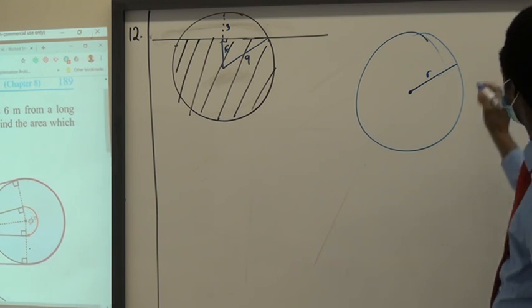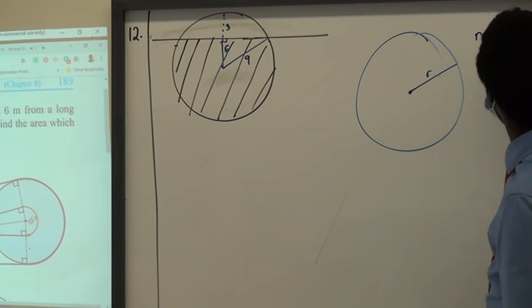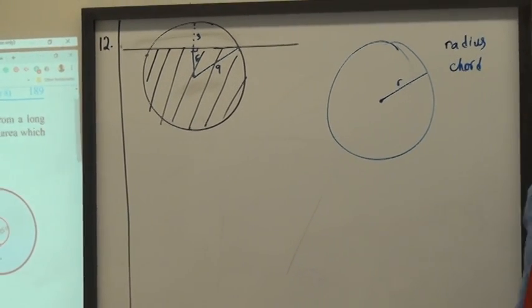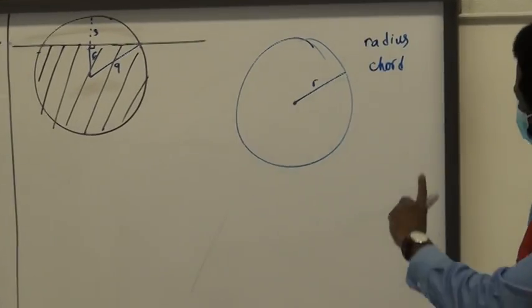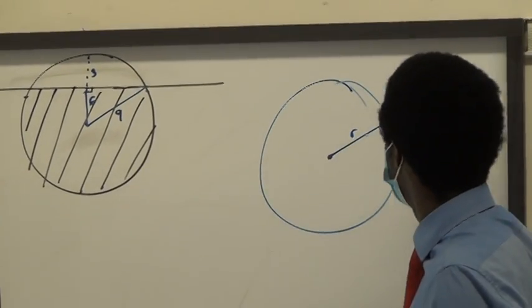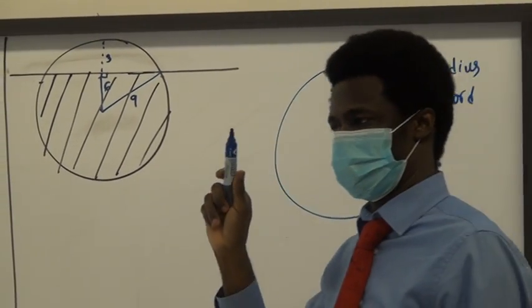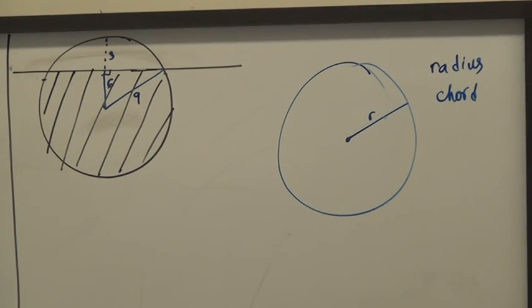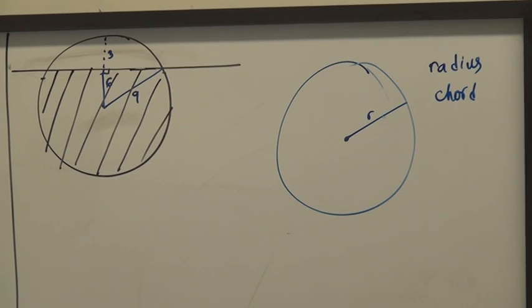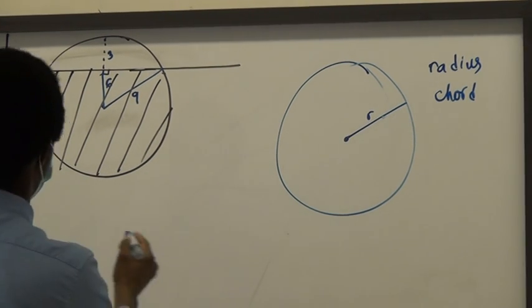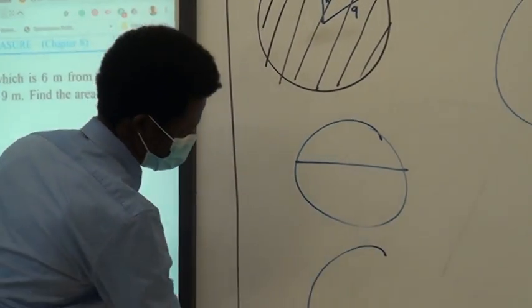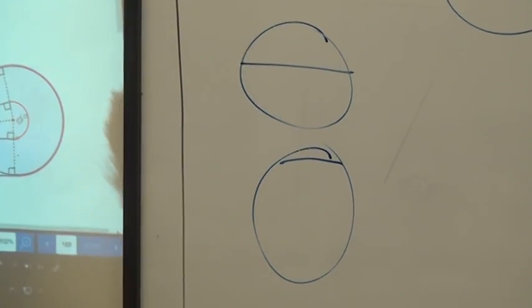One other thing I like to talk about after the radius is the chord, not the diameter. The chord is any straight line from one end to another in a circle. You have a circle, this is a chord. You have a circle, this is a chord.